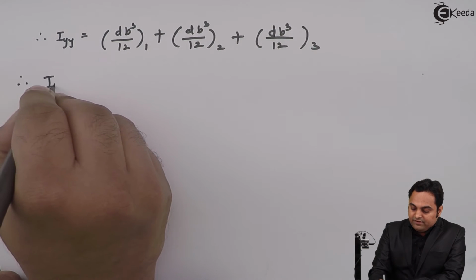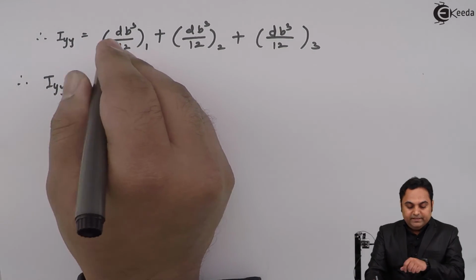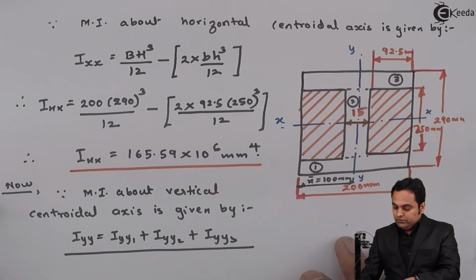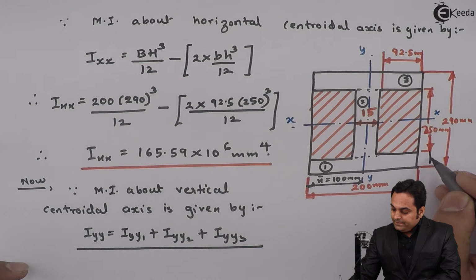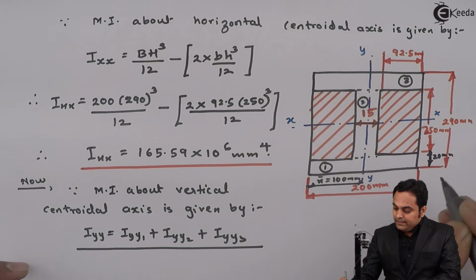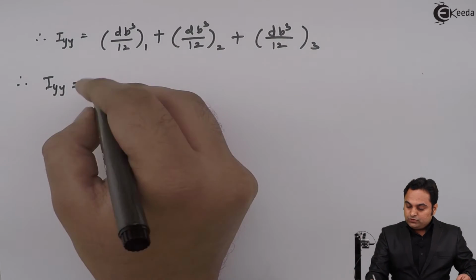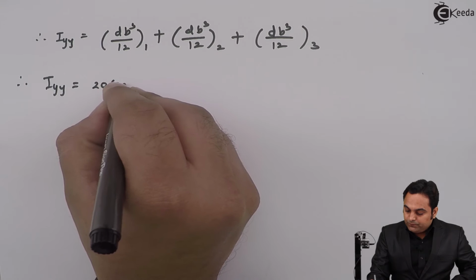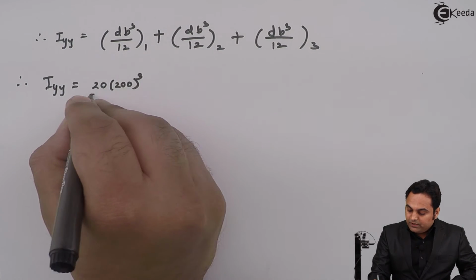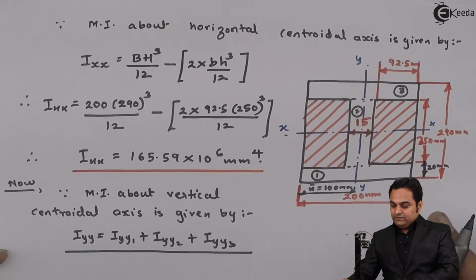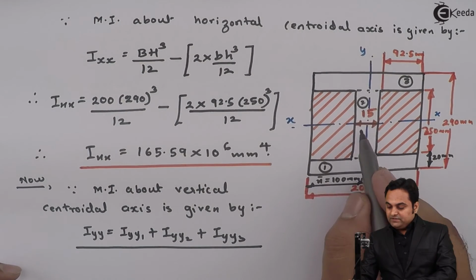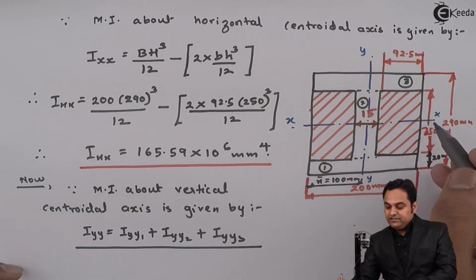So therefore Iyy is equal to d and b values. Now for the first rectangle, this d, it is 20 mm and b is 200. So 20 into 200 cube by 12 plus the second rectangle, it has b as 15 and d is 250.